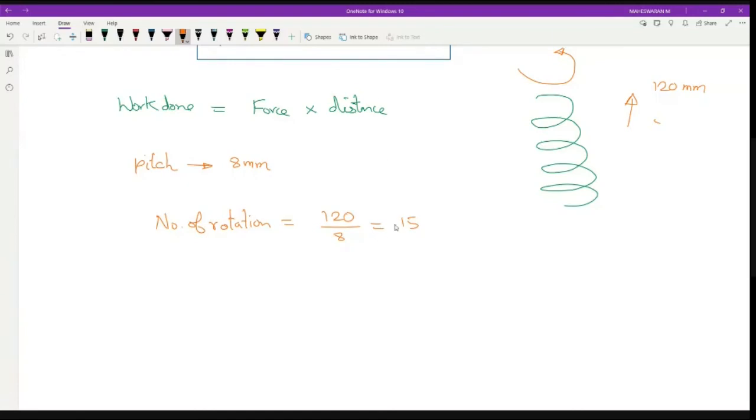How to identify the distance? 15 into 2 pi r. Yes, very good. I have to multiply this with 2 pi r, because for one pitch it requires pi d, so I have to multiply with 2 pi r.